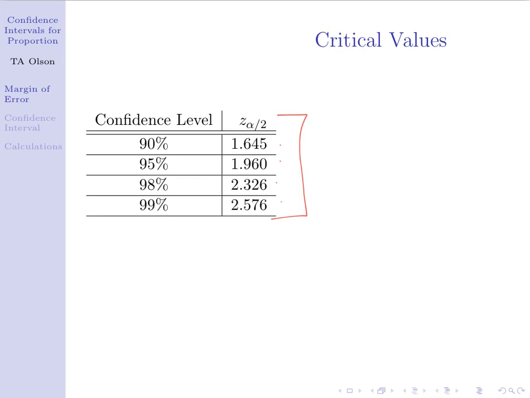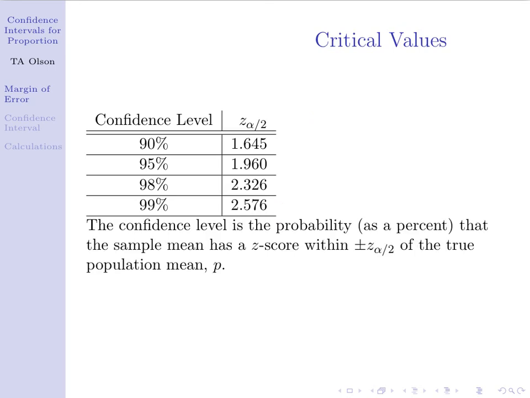And if we need more values, we look on our standard normal table and try to find the proper Z value for half of our error on the one side. The confidence level is going to be our probability as a percent that the sample mean, the thing that we calculated, has a Z-score within plus or minus Z alpha over 2 of our true population mean.